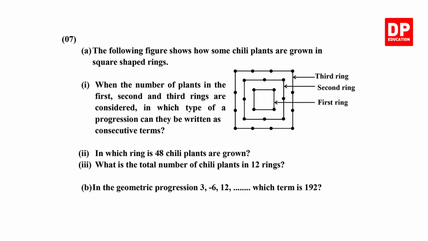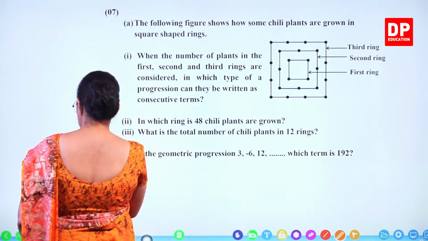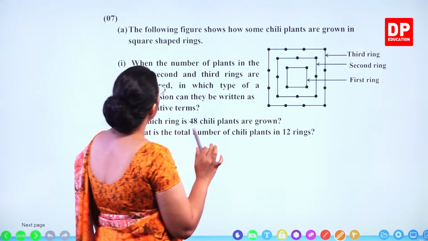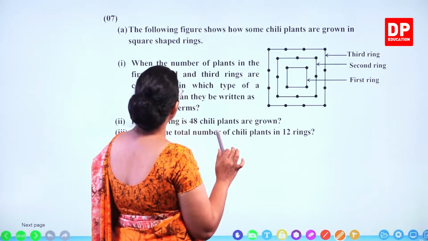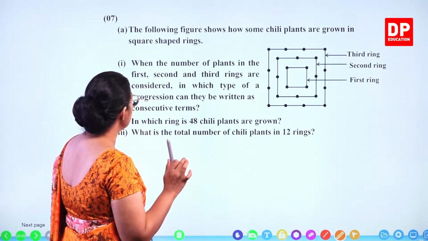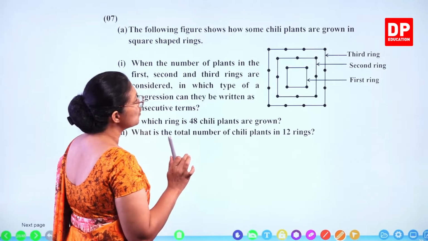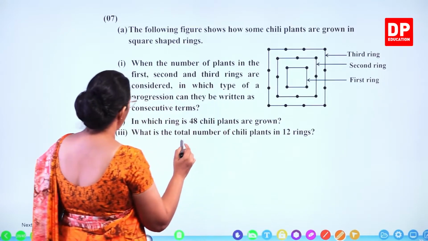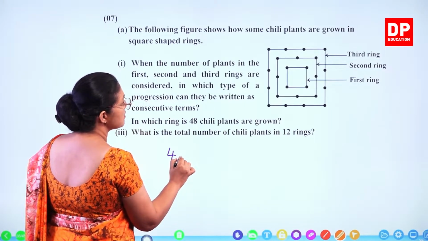Let's do question number 7. This is part B. The following figure shows how some chili plants are grown in square-shaped rings. So let's count and see. When the number of plants in the first, second and third rings are considered, in which type of progression can they be written as consecutive terms? So let's see. First ring, 1, 2, 3, 4. First ring, 4 plants.